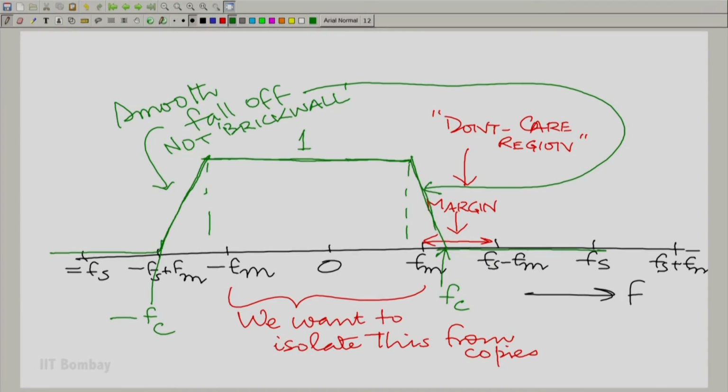This response, the green one which I am showing here, is a continuous function, a continuous frequency response, continuous in the sense of functions, as opposed to the brick wall response. The brick wall response is discontinuous at the boundary at Fc and minus Fc.